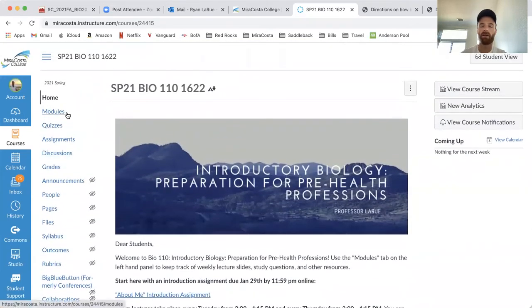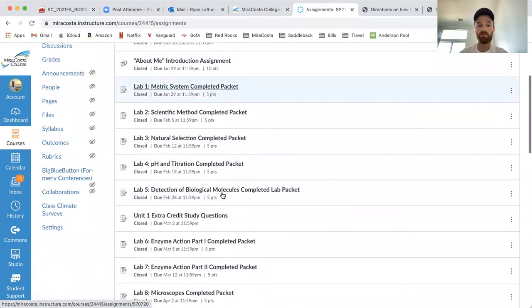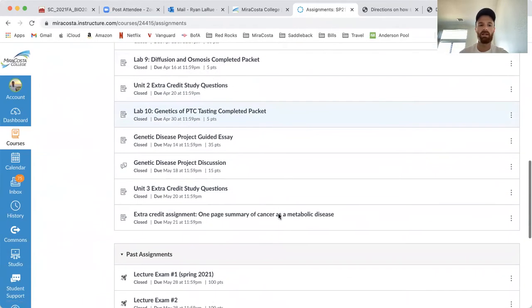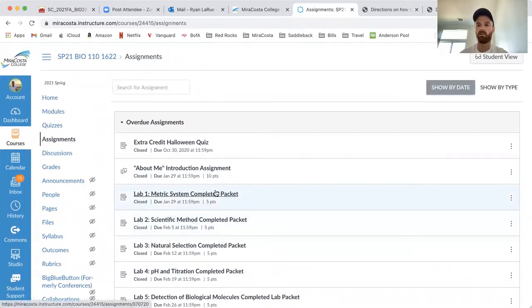But you're not going to submit your labs under modules. You're just going to go to assignments, and there will be, for instance, the first week of school, the metric system lab. I think there's no safety lab for you guys, is there? No, I think it goes right into it. It's a metric system lab. And like Saddleback, I do the same thing with you guys.